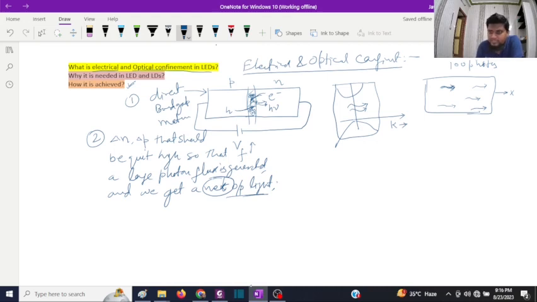But if all these 100 photons are generated in a very thin region, then the probability that you get light emission at the end will be quite large. I have given you one example. If all this light is generated only in a very thin region, then light output is possible.